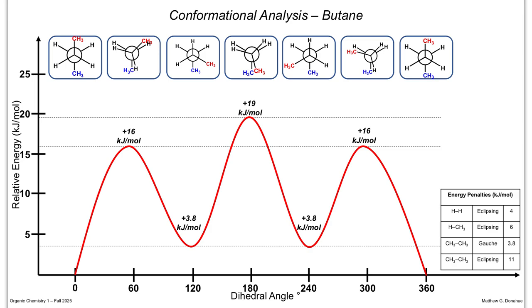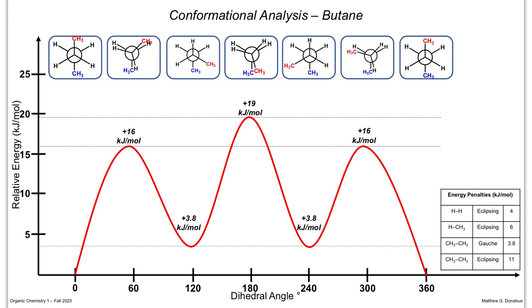So a couple things I want to point out about this, for terminology we're going to use moving forward. Our x-axis here is that rotation about the sigma bond measured through the dihedral angle, and the y-axis is that relative energy. So of the four, remember we said there were 2 staggered and then 2 eclipsed.